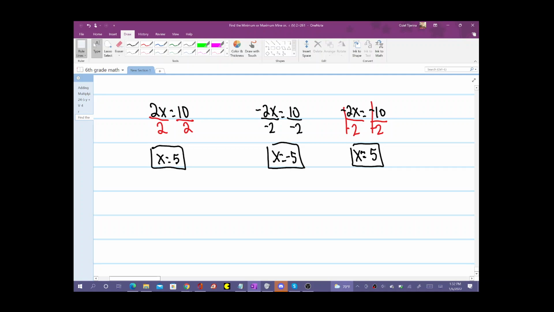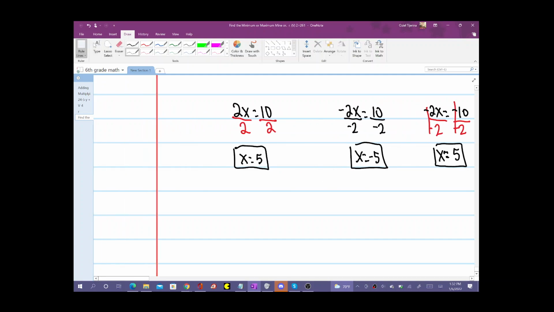Another thing that I wanted to show you guys is how to solve an equation in just one-step form. So, for example, if I have x minus 1 equals 3, how do I solve that for x, right? I'm going to go ahead and add 1 to both sides, right?